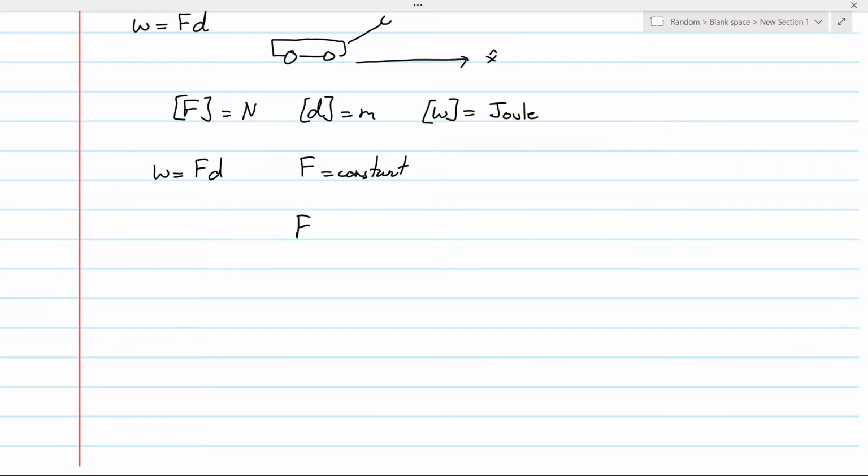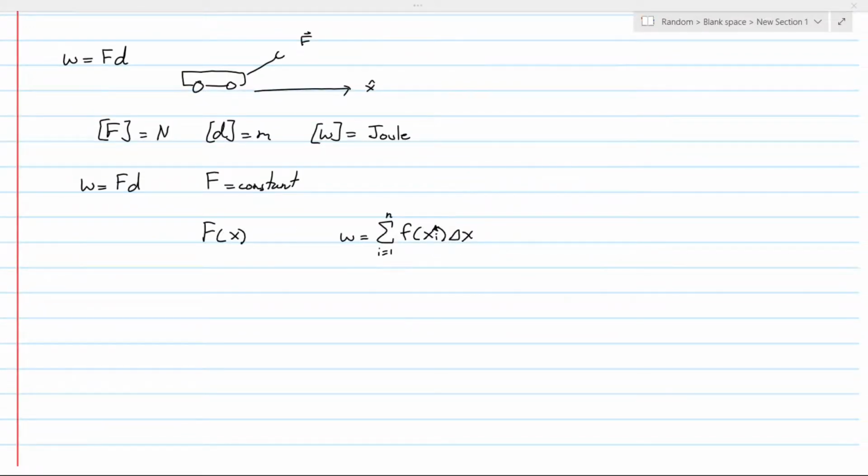but in fact force may vary as a function of x, in which case we need to sum up each contribution. Now, of course, this is really only approximate and becomes more accurate the greater n is.